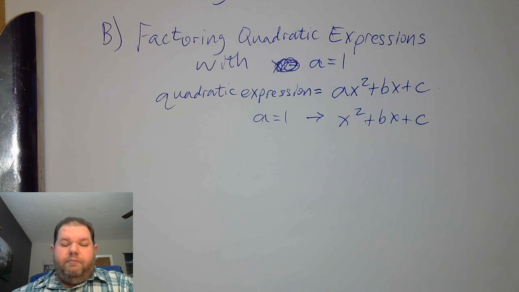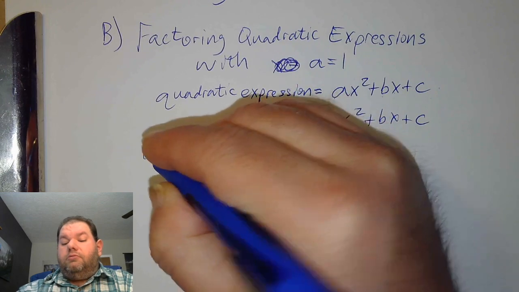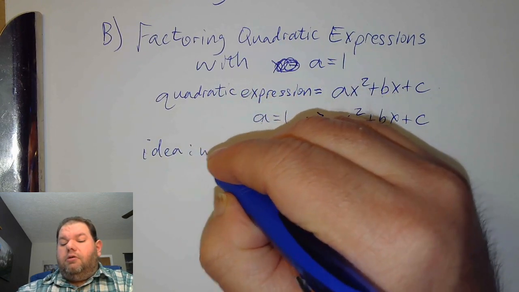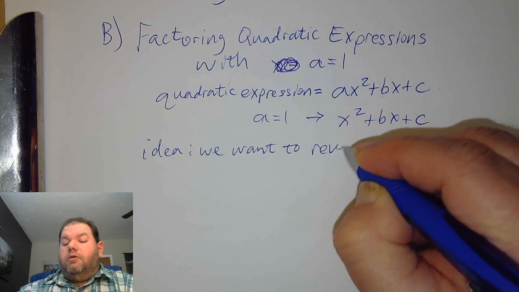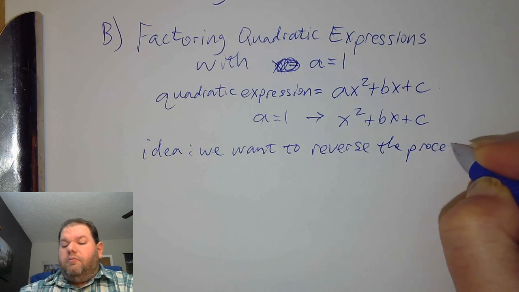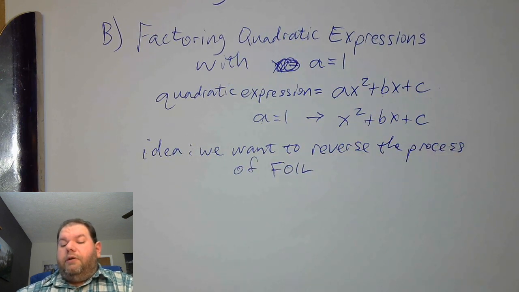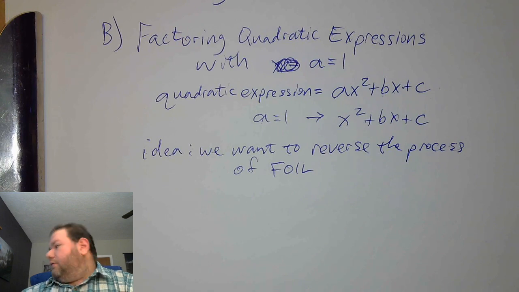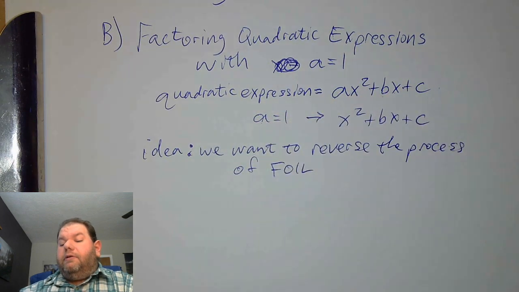Now the idea of factoring a quadratic expression is we're reversing the process of FOIL. You'll recall that we discussed FOIL last time.